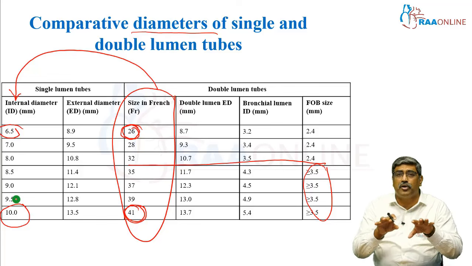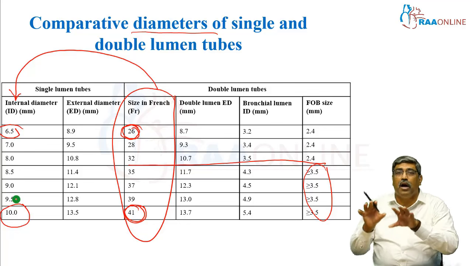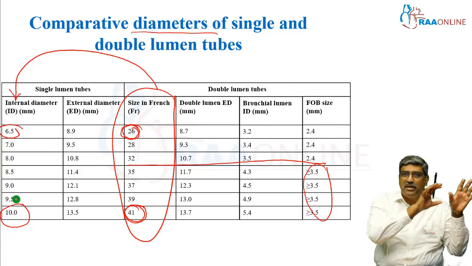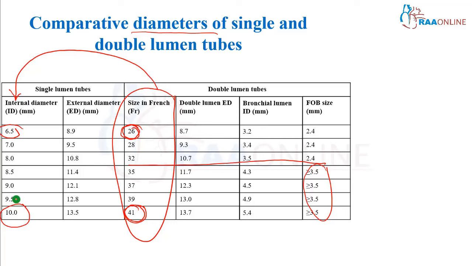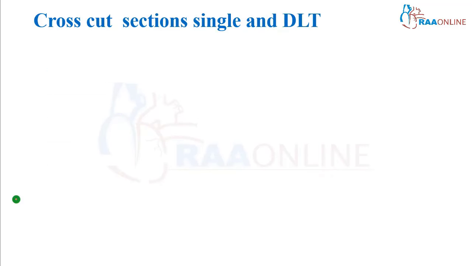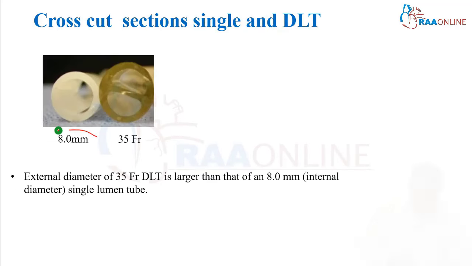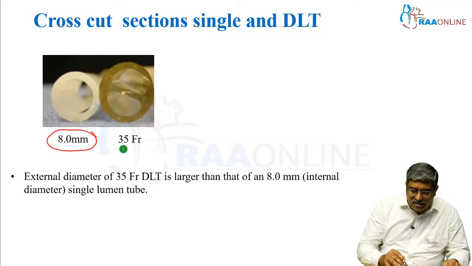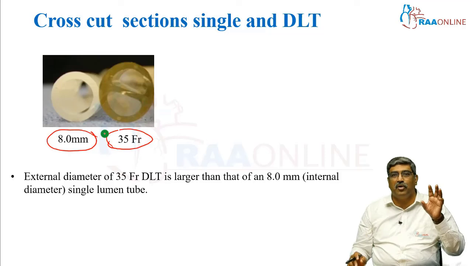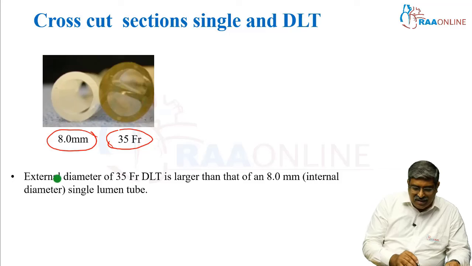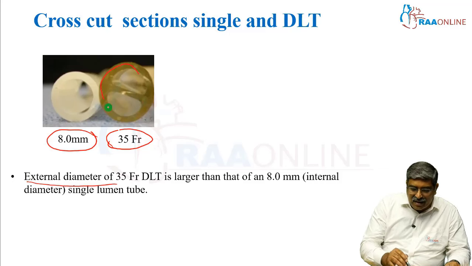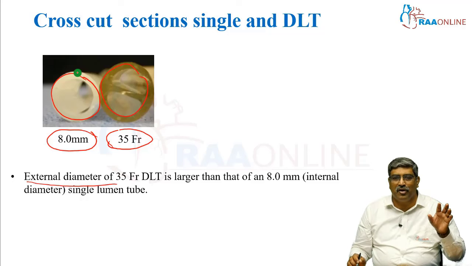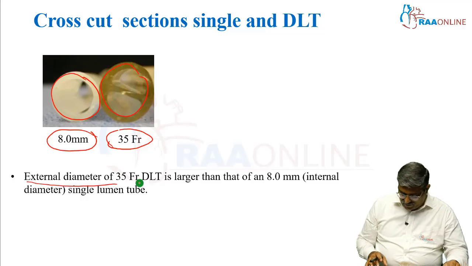It is very important to know the diameter of the bronchial lumen and the tracheal lumen, and you should have a comparison with the single lumen tube. For example, this is an 8 millimeter endotracheal tube and this is a 35 French double lumen tube, and you can see the external diameter is far bigger than the 8 millimeter endotracheal tube.